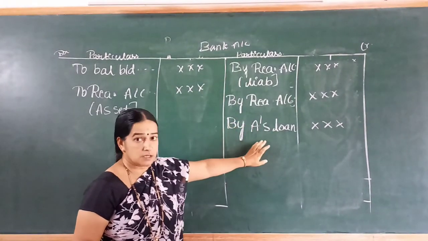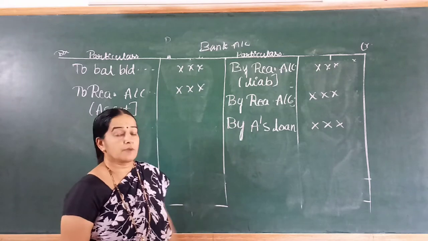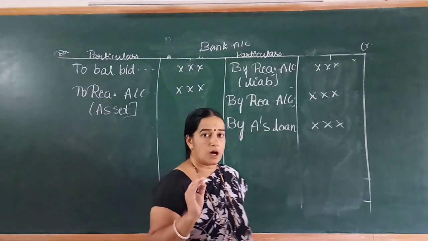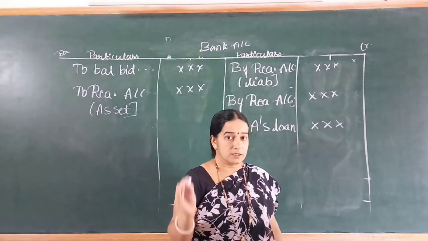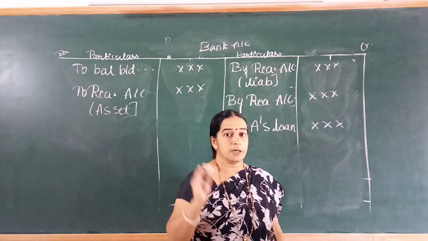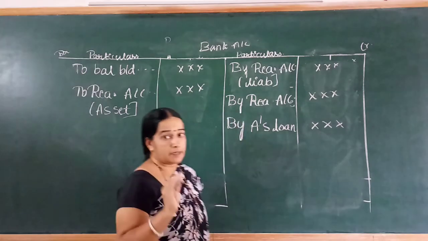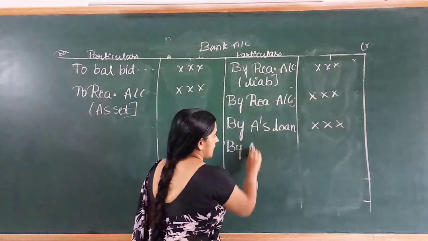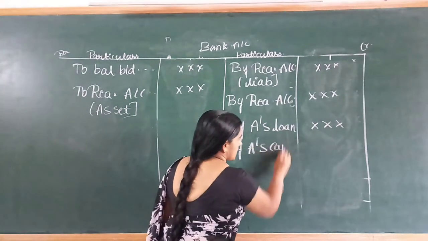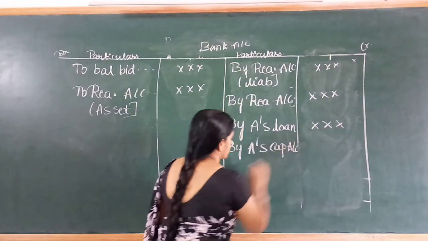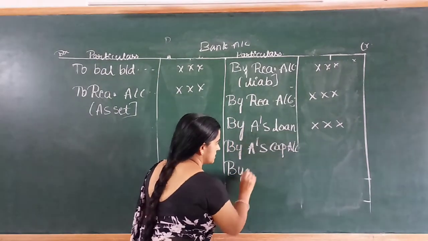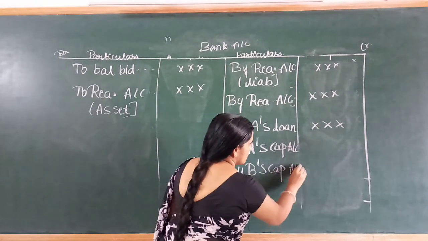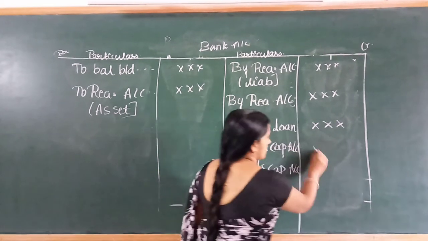So first, payment of outside liabilities; next, we pay the realization expenses; third step is to pay the partner's loan; and finally we have to pay the partner's capital balance. By preparing the capital account, we calculated how much amount is to be paid to each partner, and that amount is paid as the partner's final balance. What is the entry we have to make? That is A's capital account, and suppose there are two partners in a firm, A's capital account and B's capital account.